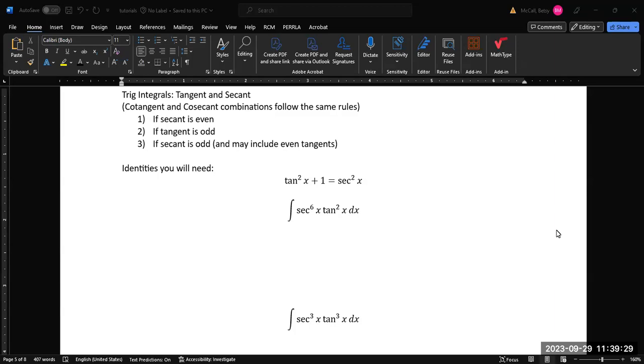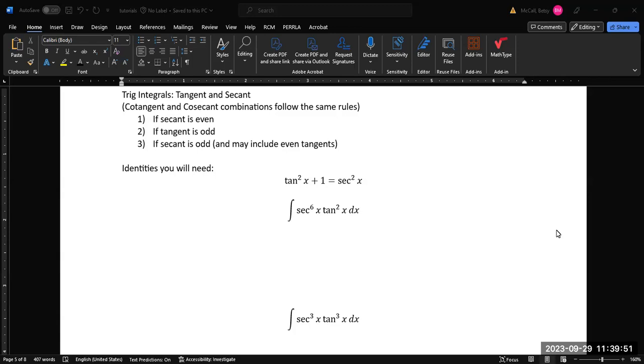The derivatives of sine and cosine are just single copies of sine and cosine. Whereas when you take the derivative of tangent, you get secant squared. And when you take the derivative of secant, you get a secant and a tangent. And so that's going to play into how we have to choose how to proceed.